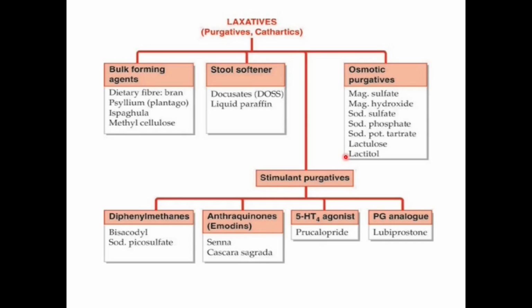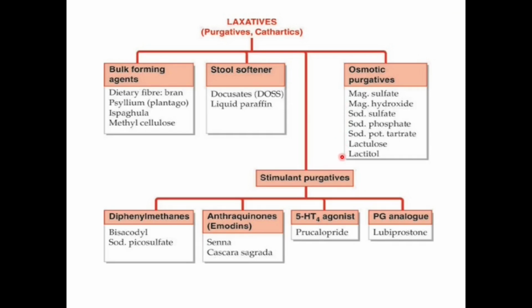They are basically the first line of drugs in a constipated patient. Then there are stool softeners, which soften the stool by supplying water-absorbent particles, which are docusate and liquid paraffin.